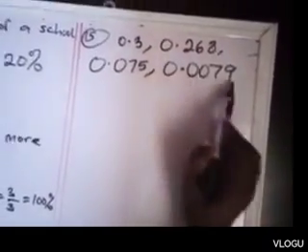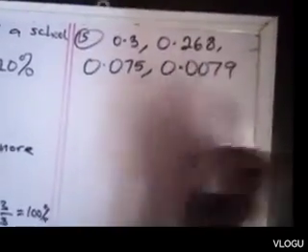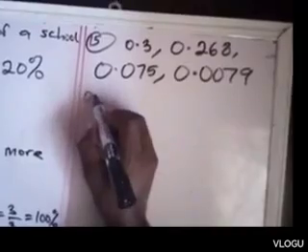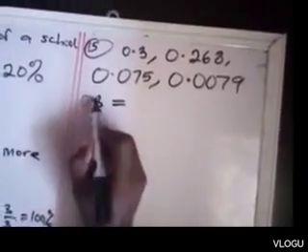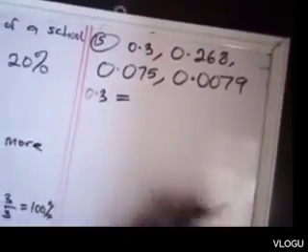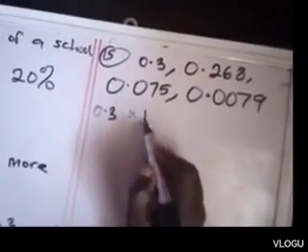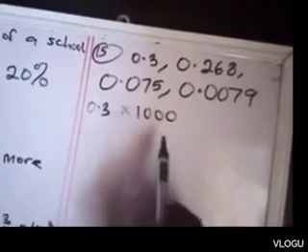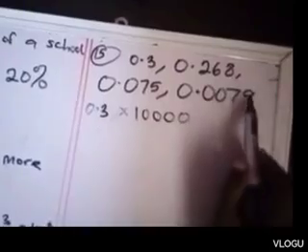Why? I need a number that has four digits so that I can take away all the decimal points. So 0.3 multiplied by 10,000. You can see 10,000 has four zeros.